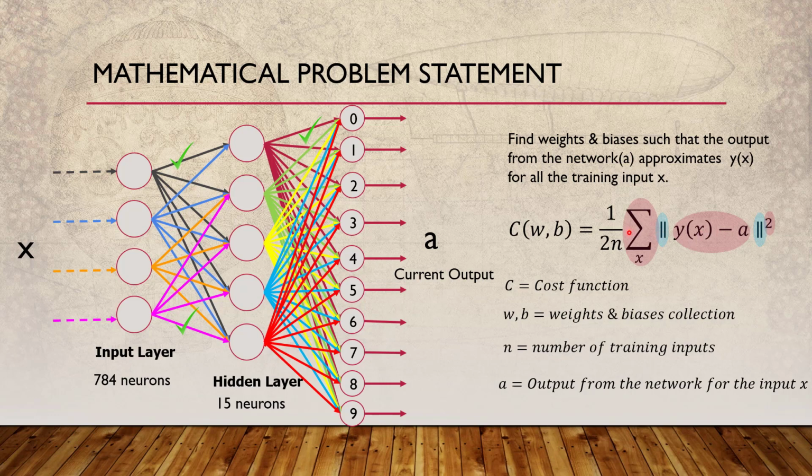And when we have taken this whole sum, we want to take an average as well. That's why we are dividing by n, which is the number of training inputs.